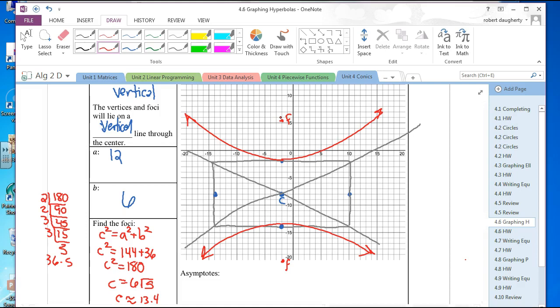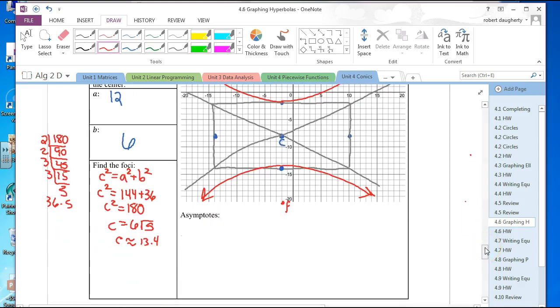So how do I find this point? It's this point plus what? 6 root 5. So it's going to be negative 2, negative 8 plus 6 root 5. That's one of the focal points. What's the other one? Negative 8 minus 6 root 5, okay?